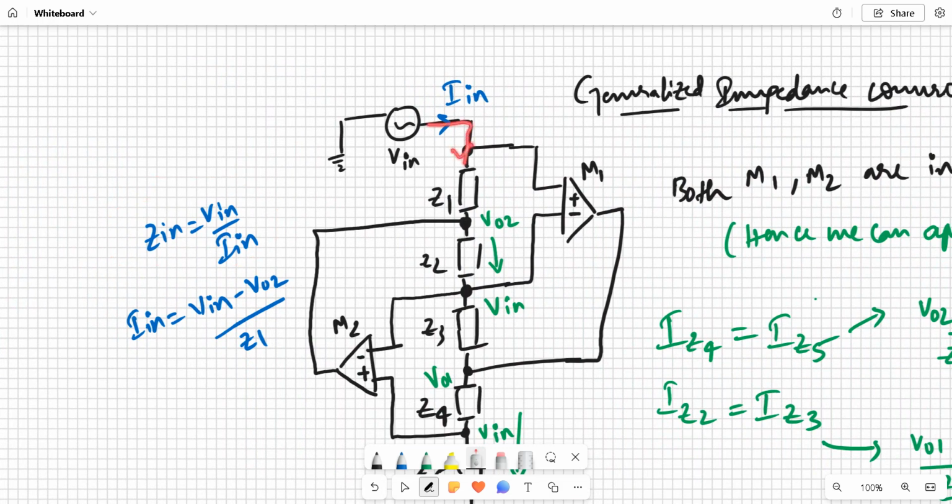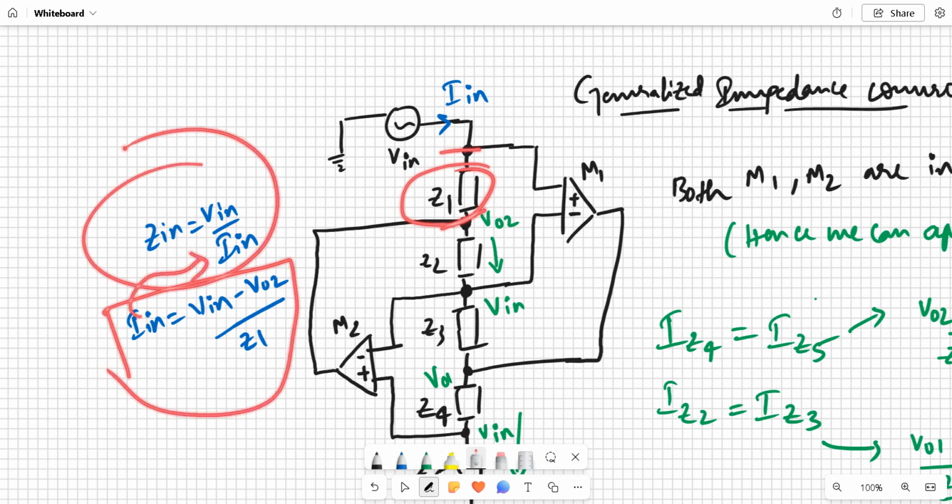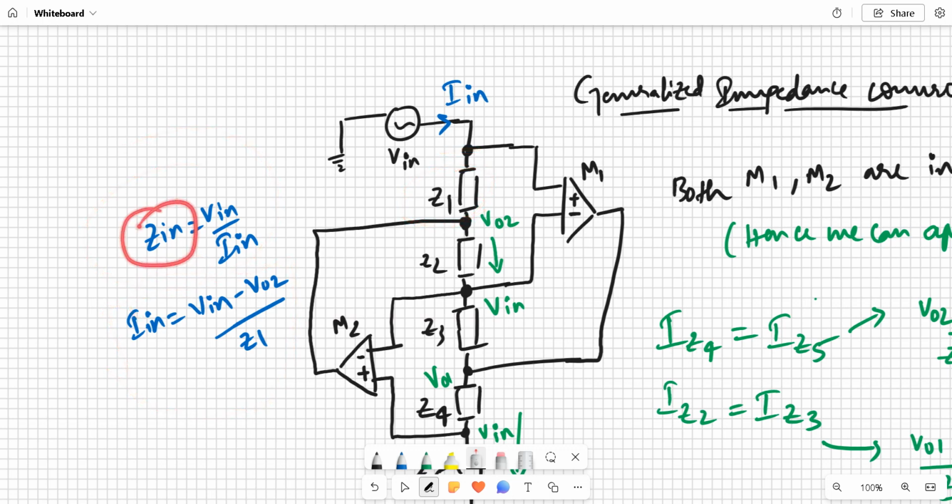We don't know Iin, so we can write it as Vin minus VO2 upon Z1, assuming the current is flowing in this direction. By substituting it in this formula, we will get Zin. Now let's go back to analyzing the circuit.